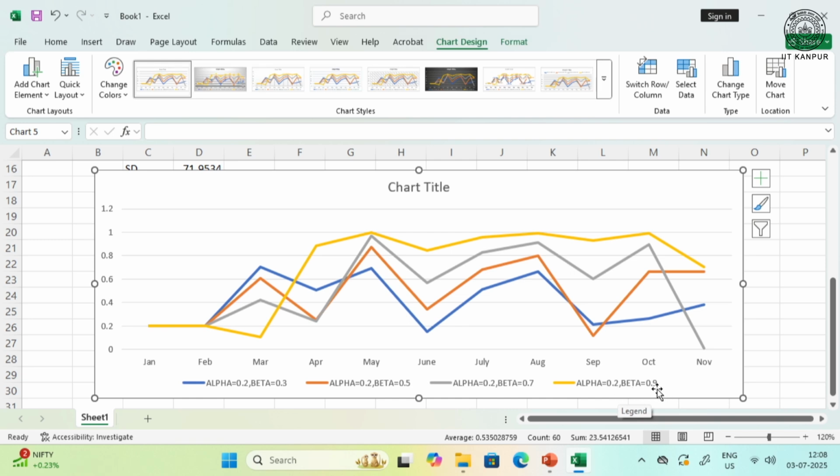The amount of fluctuation for beta 0.3, 0.5, 0.7 is high, but not for 0.9, which means the higher the value of beta, and obviously we saw from the error terms, the lower the value of alpha will give us the best answer.